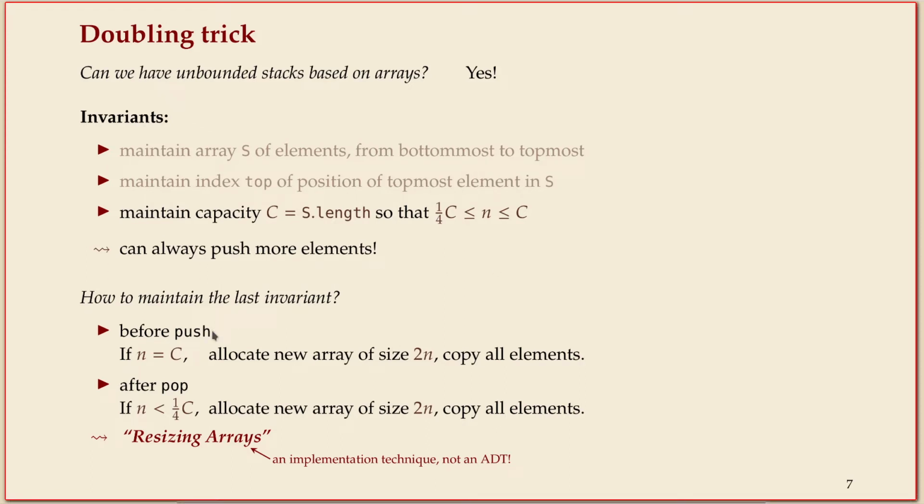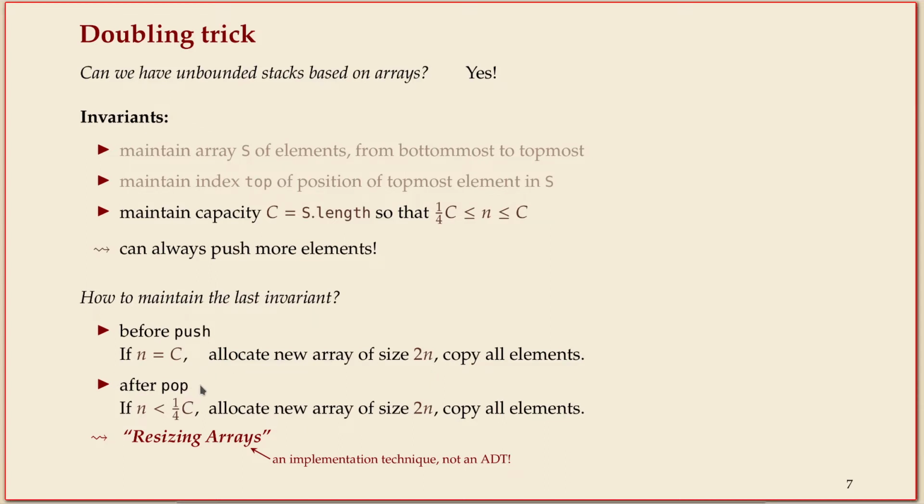And the simple answer is, before you push a new element on the stack, that's the point where you might run out of space. If we do run out of space, if we have filled the stack to capacity, then we double the size of the array. Okay? And then you take a new array of twice the size. You take all the elements from the old array and copy them over.